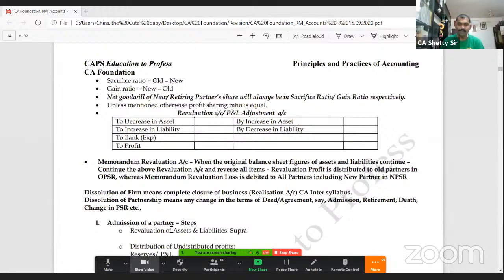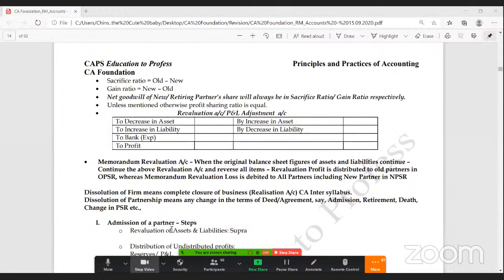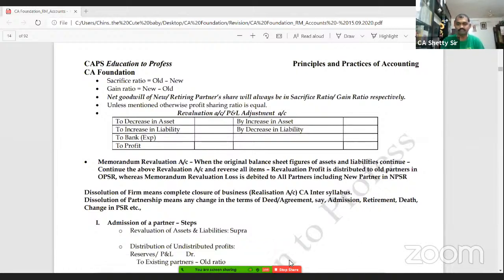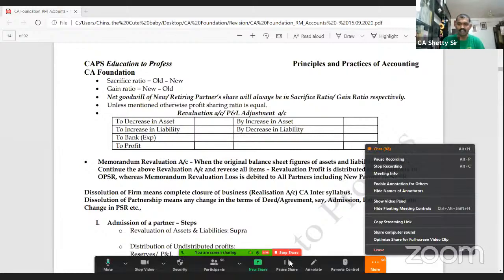Ready? Yes, sir. Start. Write one sentence before we continue: account for revaluation, but continue assets and liabilities with the original figures.